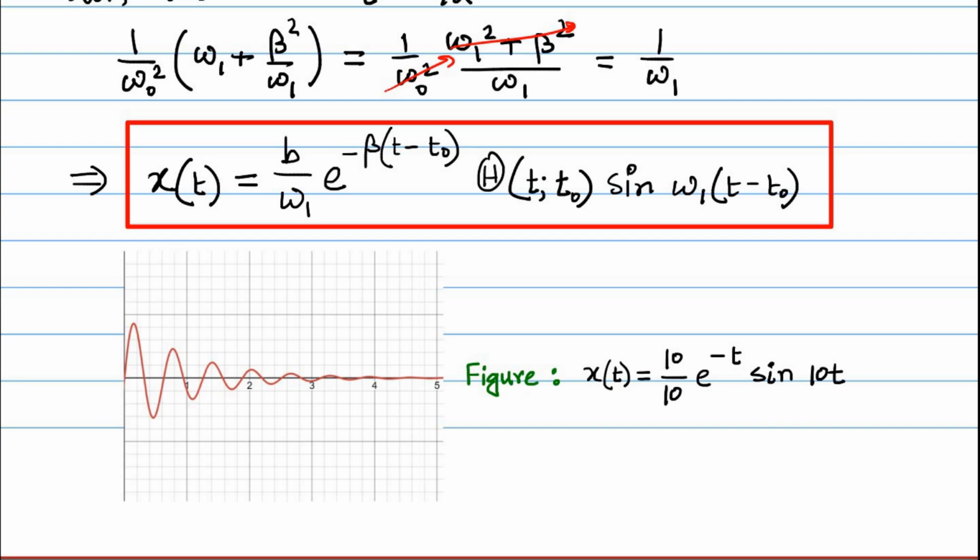So this is the figure that I want you to look at. In this figure, of course, on the x-axis we have plotted t, and on the y-axis we are plotting the functional value. If you compare it with the equation above, considering that we are starting from 0, you'll notice that t naught is 0, of course.